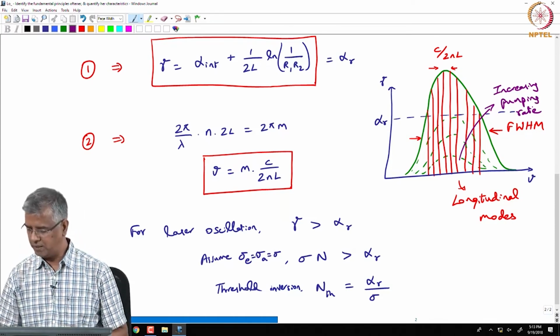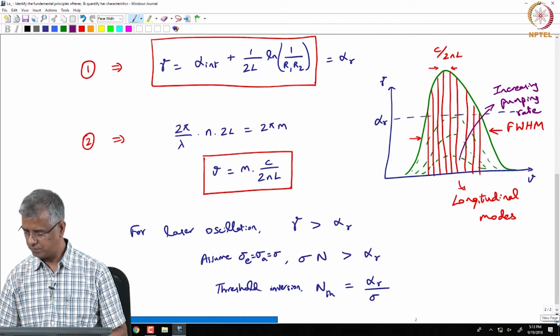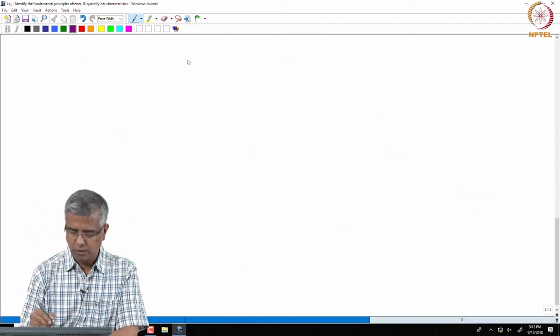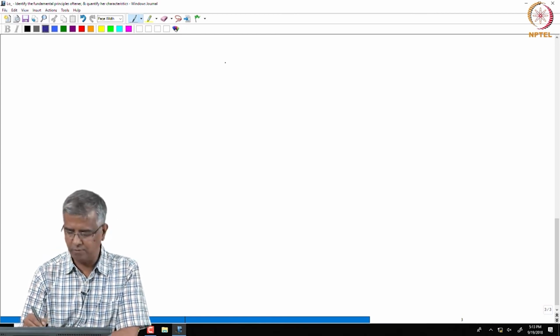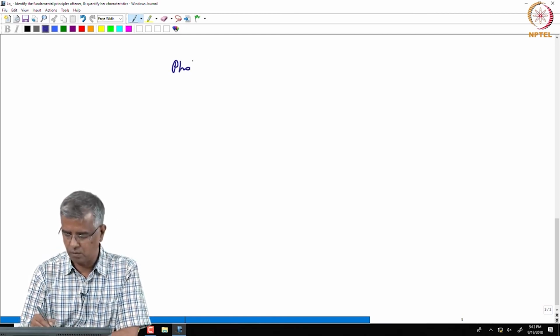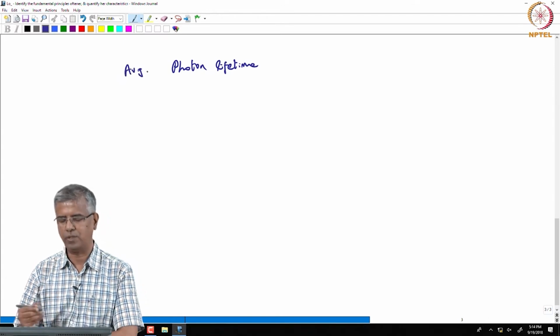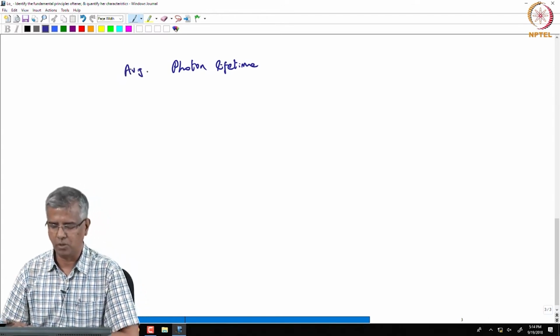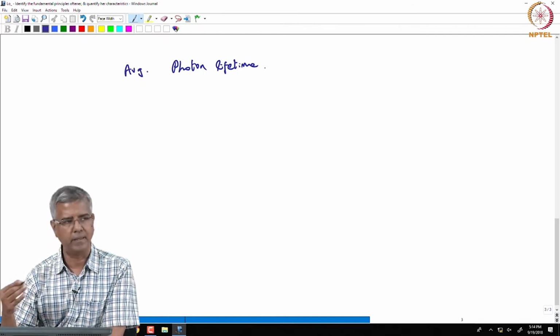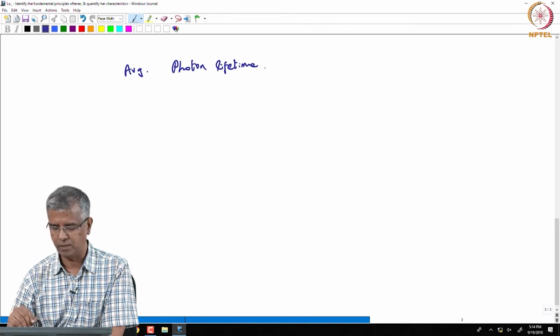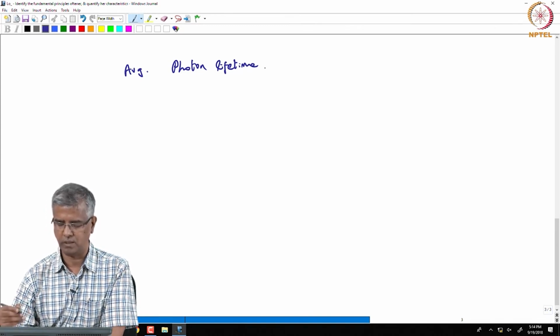So, I can say that if I am expressing in terms of the photon lifetime, I would say that this is the average photon lifetime, because this could be statistical, just like anything that we have discussed so far as far as photons are concerned.